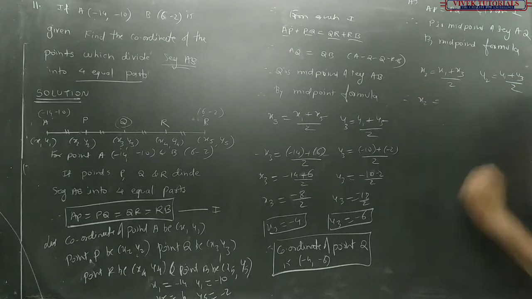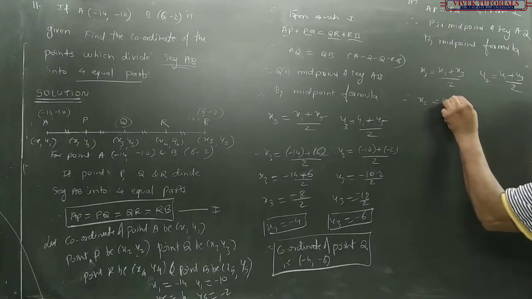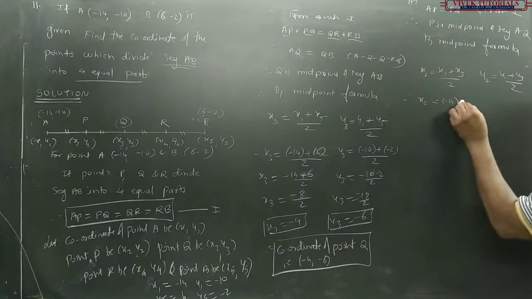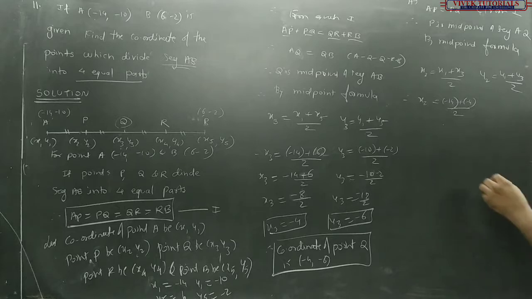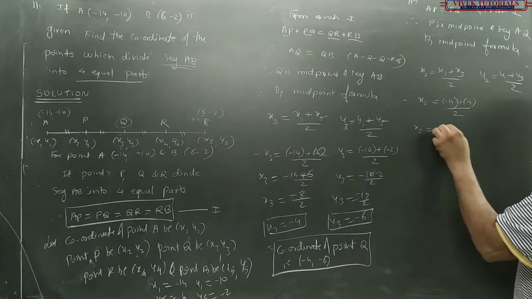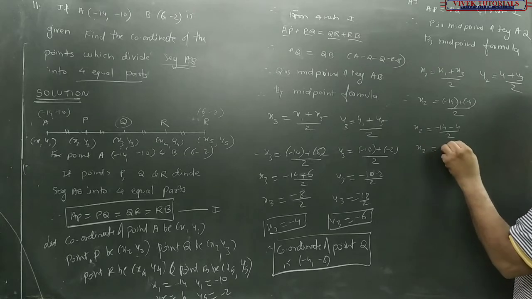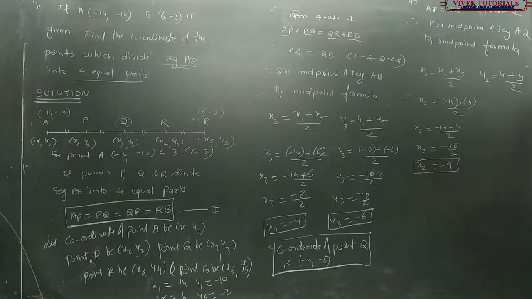Therefore, x2 is equal to the value of x1 we have, that is minus 14, and x3 we just found, plus minus 4 upon 2. So x2 is equal to minus 14 minus 4 upon 2. x2 is equal to minus 18 upon 2. x2 is equal to minus 9.